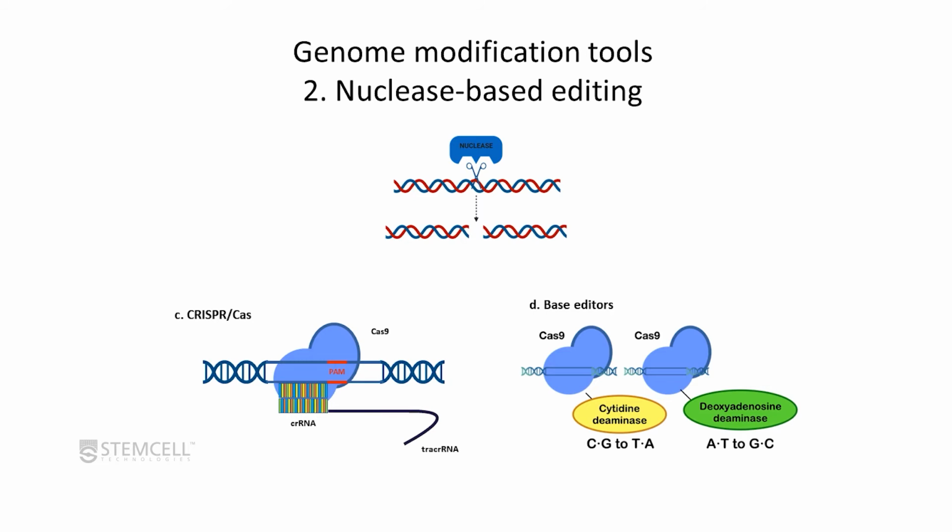An additional platform, which is a derivation of this, is the base editors, which are shown here on the right. These make use of a catalytically inactive Cas9, or dCas9, to target base-modifying enzymes such as cytosine deaminase or adenosine deaminase to very specific locations. So an adenosine deaminase would turn adenine into guanine, and cytosine deaminase will convert cytosine into thymine.